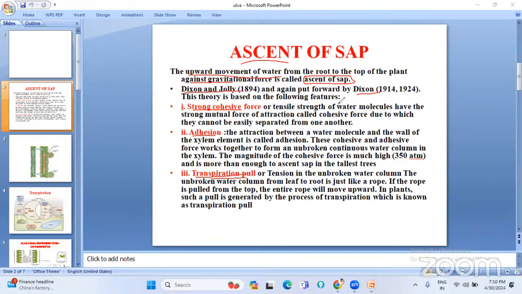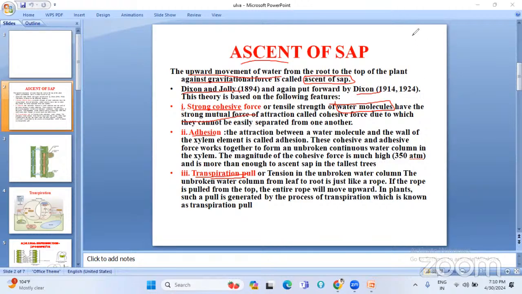Here it is the force between water molecules, a strong mutual attraction from one water molecule to another. That is called cohesive force.